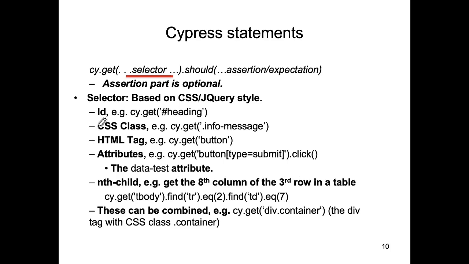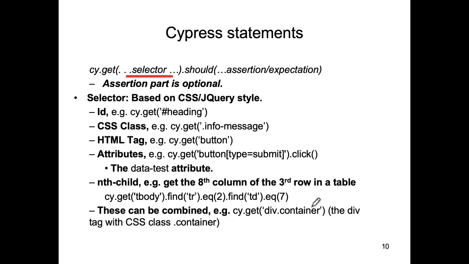And all of these selectors can be combined. If you're looking for a particular type of tag with a particular class, then the way we might express it is, do I have an example of that? Yeah, here. I'm asking Cypress to find a div that has the container CSS class associated with it.